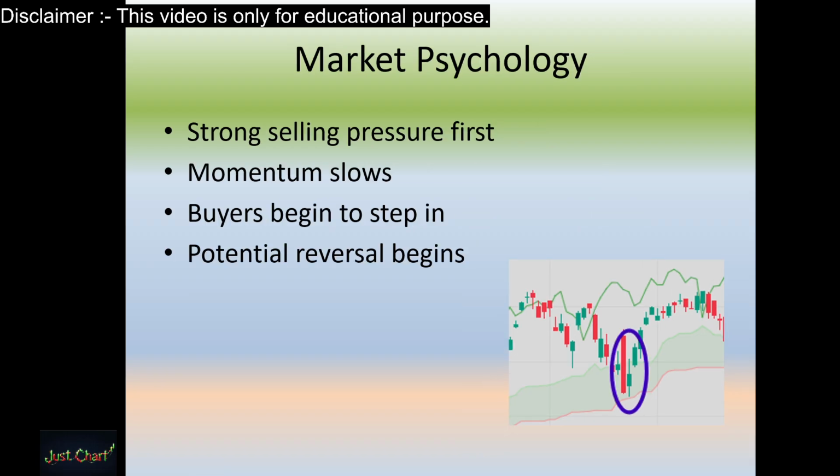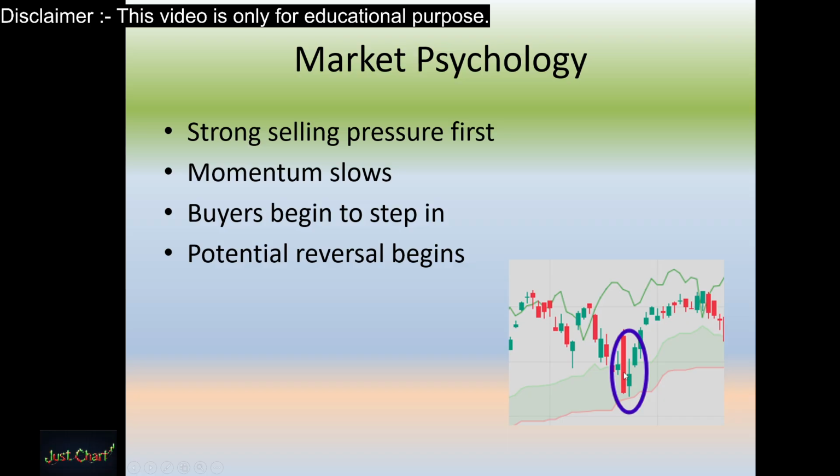Market psychology. In the downtrend, when there is strong selling pressure, the momentum slows down here. Basically the downtrend is going on, and after such a big bearish candle, the next day there is a small bullish candle. When we see the momentum slow down, the volume on this particular day is greater than on the next candle.